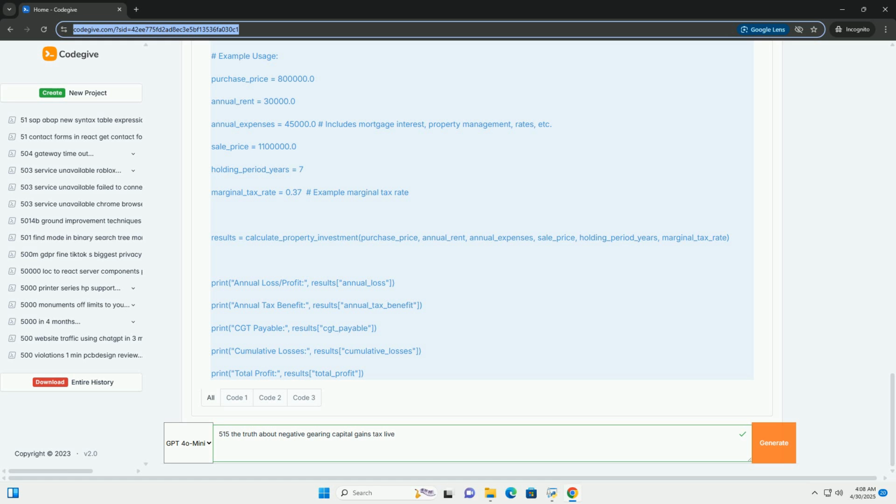Investment goals. Are you looking for long-term capital growth, or do you need immediate income? Tax bracket. The higher your marginal tax rate, the greater the tax benefits of negative gearing. Property selection. The potential for capital growth depends heavily on the location and type of property you choose.